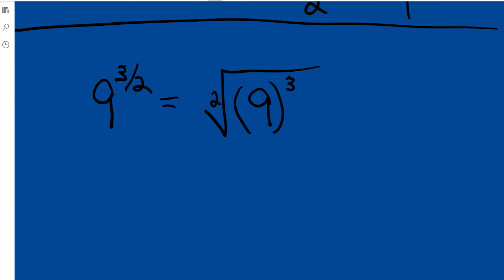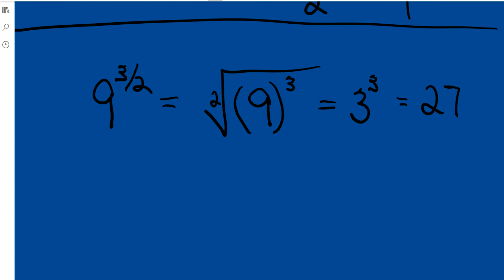Okay, now I can look at this and say that, well, the square root of 9 is 3. Then I've got 3 to the 3rd power, and 3 to the 3rd power is going to give me 27. And that's the simplification of this.